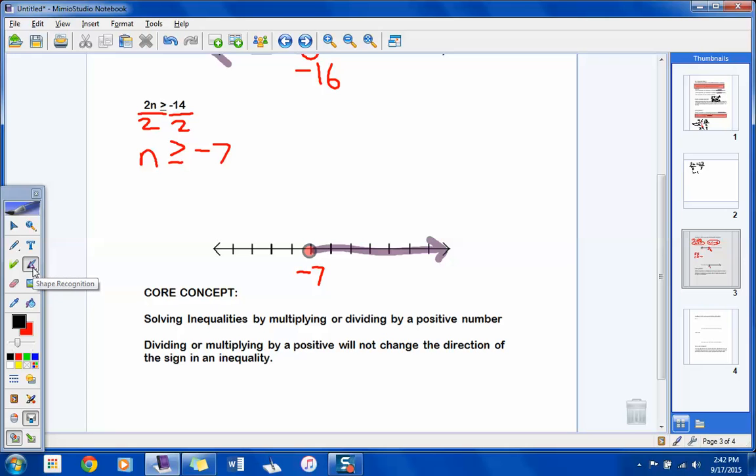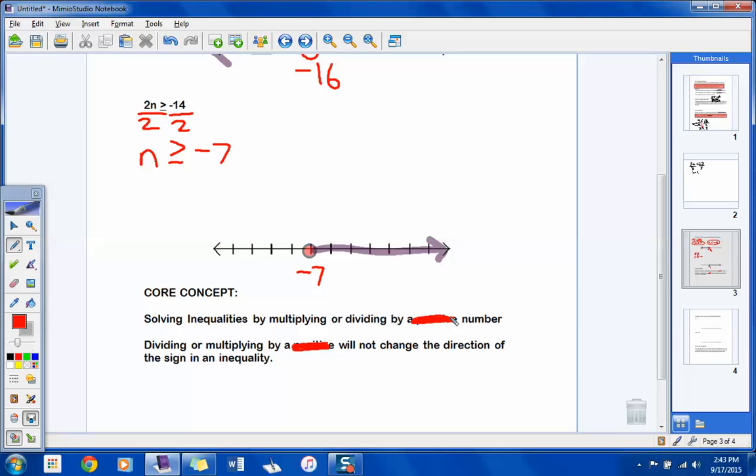Okay, so here's the trickier one. Looking at solving inequalities by multiplying or dividing by a negative. This here, I've got a mistake in. I want you to change this word and this word to negative.